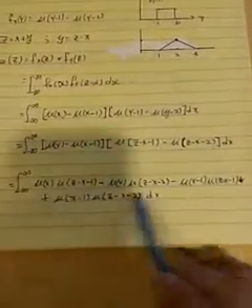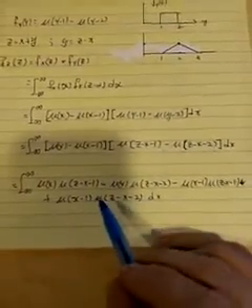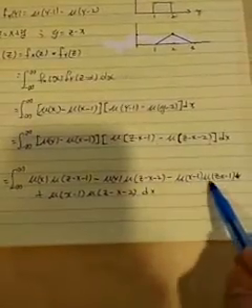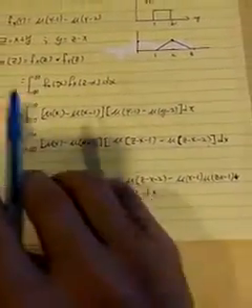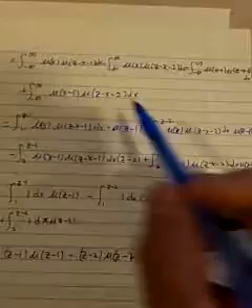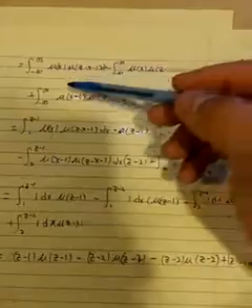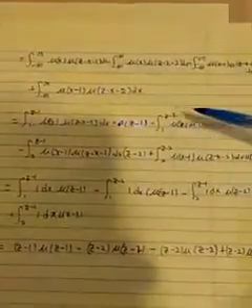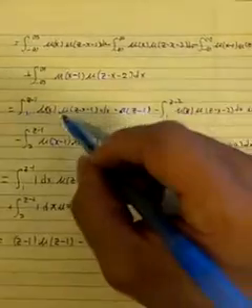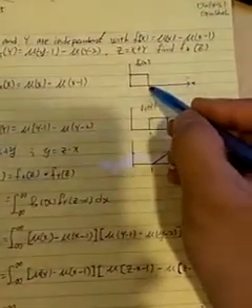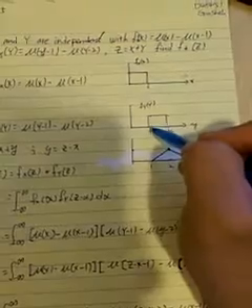We can treat this whole thing as four integrals: the first one, the second, the third, and the fourth. So we need to integrate individually. We start the integral from here.